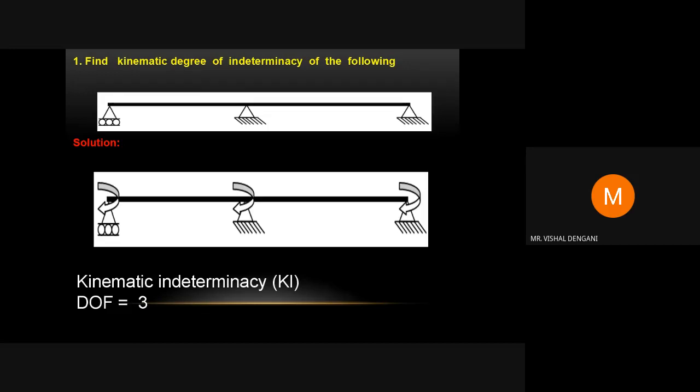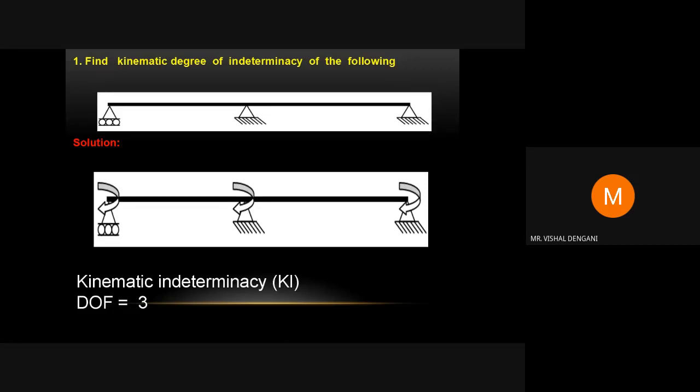But we have to find the degree of freedom without axial deformation. No axial force, no axial displacement is considered, which means delta x is not considered here.